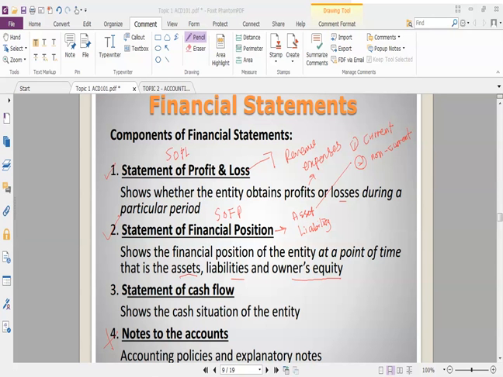I'm not sure whether movable or immovable, but non-current is the fixed asset. Non-current or fixed assets are the assets that we can use for a long term.